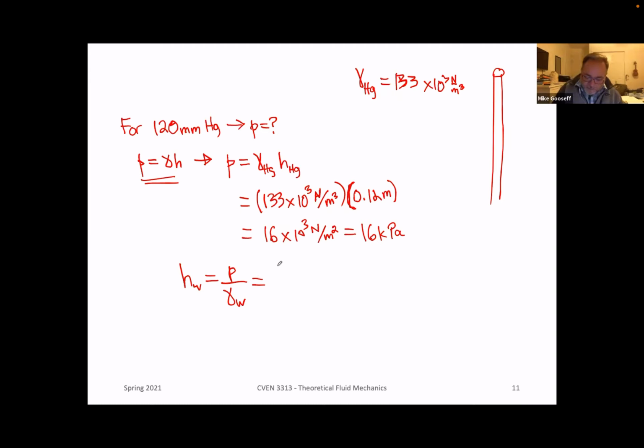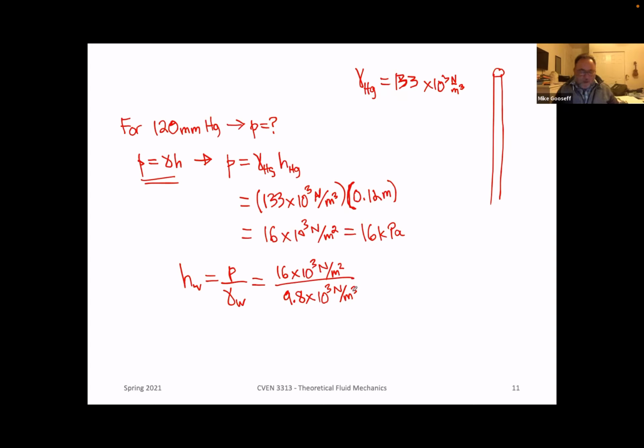So we end up with 16 times 10 to the third newtons per meter squared, divided by my value for water, which I'm going to take to be 9.8 times 10 to the third newtons per meter cubed.